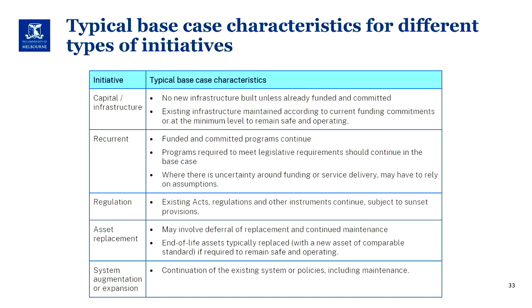Then existing infrastructure is maintained according to current funding commitments or at the minimum level to remain safe and operating. To remain safe and operating means that if there is something risky that could have a negative impact on the health of the population, you need to do something to keep it safe. But that is the minimum that you are expecting.